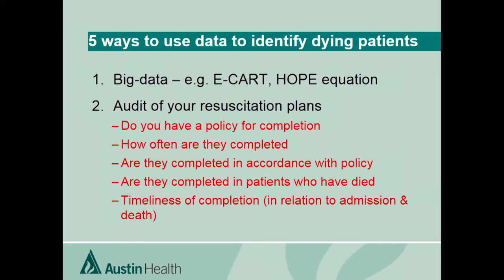Dana Edelston's ECART costs $100,000 per year for your hospital to run. It's sort of a lease type thing, and a massive amount of infrastructure. So the 5 I'm going to give you are relatively simple and straightforward, and within the realms of what we can do in our hospitals.